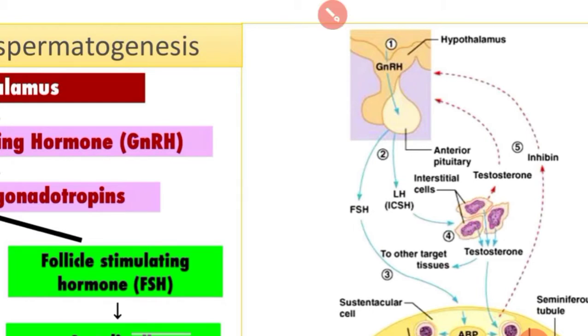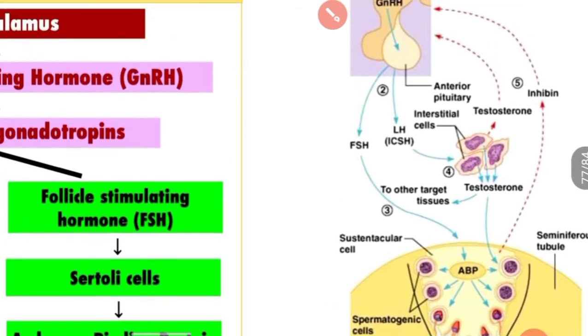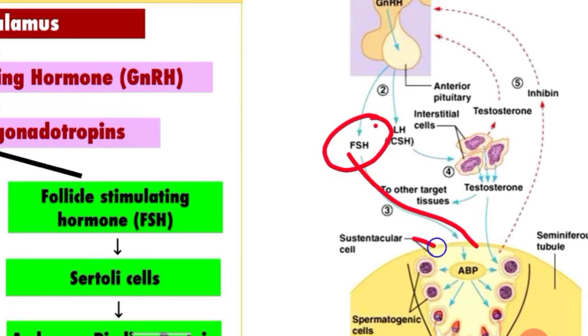So FSH, see the picture? This FSH acts on Sertoli cells. Then Sertoli cells produce ABP, androgen binding protein. That androgen binding protein does the process of spermiogenesis. Right?